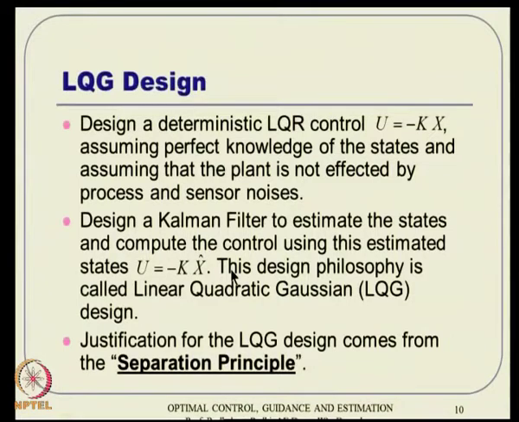You find out x hat from this part and K from that part, and then fuse them together as u equal to minus K x hat, not K x, but K x hat. So, this design principle is called LQG.